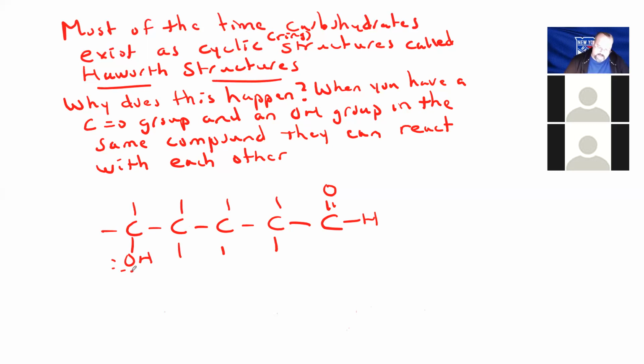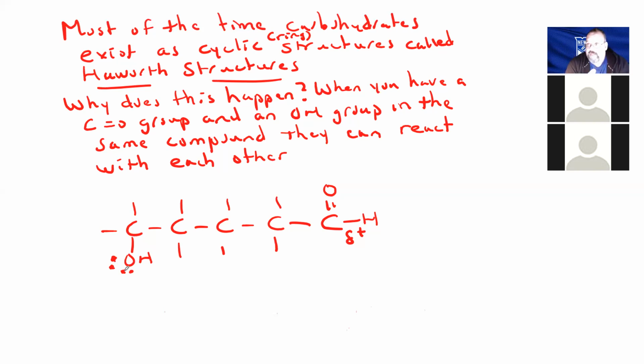As we know, the carbon of a C double bond O group has a partial positive charge associated with it. When oxygen has two bonds, it also has two lone pairs of electrons. Lone pairs are pairs of electrons on an atom that are not involved in chemical bonding.